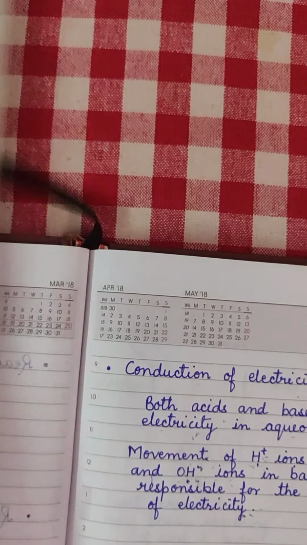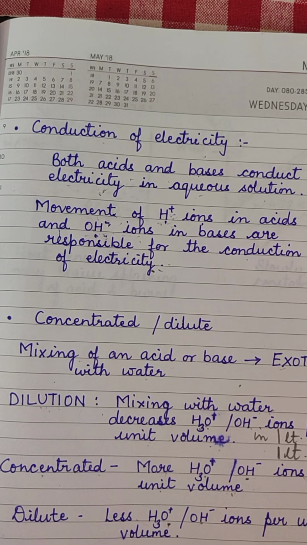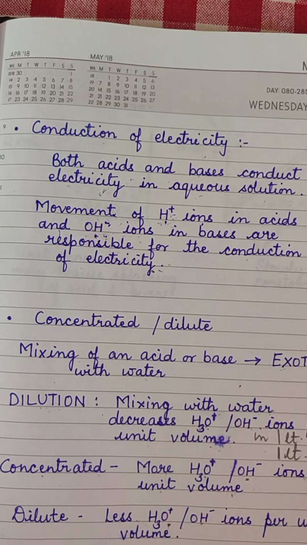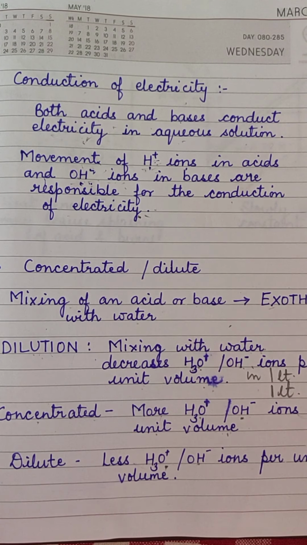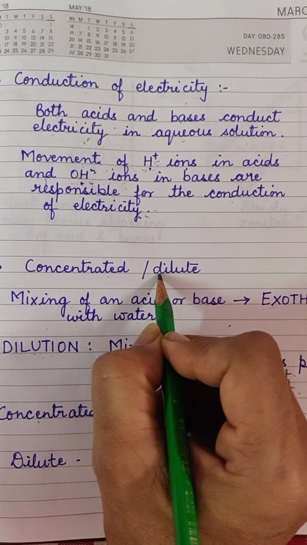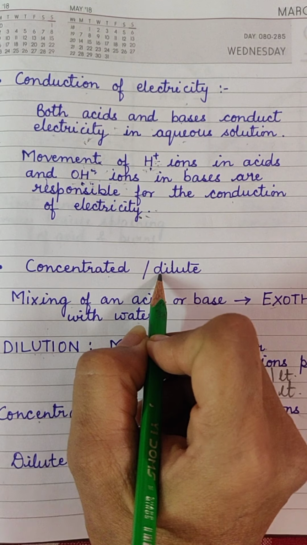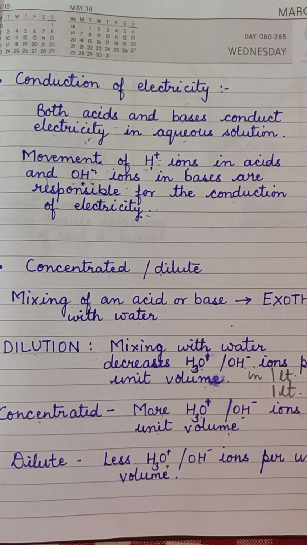Now we have been talking about concentrated acids and dilute acids. In some of the activities we used dilute acids, and in other activities we used concentrated acid. What is the meaning of dilute and concentrated? It means the solution of acids with water, and how much water and how much acid, their relative concentration.